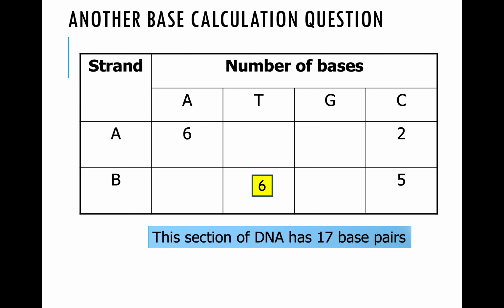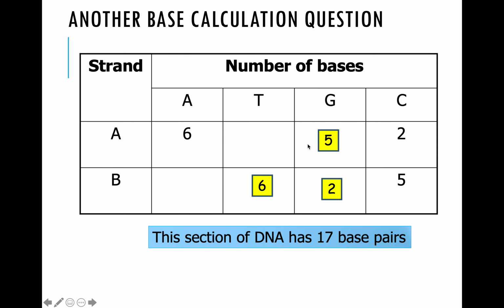Okay, we know that adenine and thymine are complementary to each other. So if adenine and thymine are complementary to each other, there must be the same number. Guanine and cytosine are also complementary to each other, so they must have the same number.